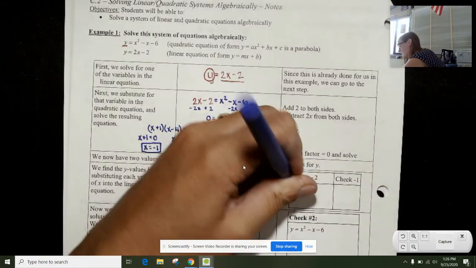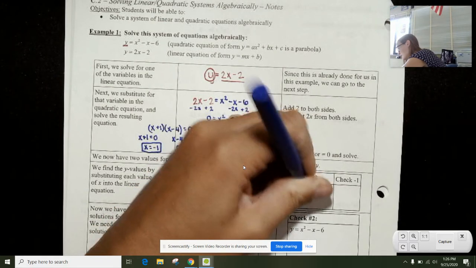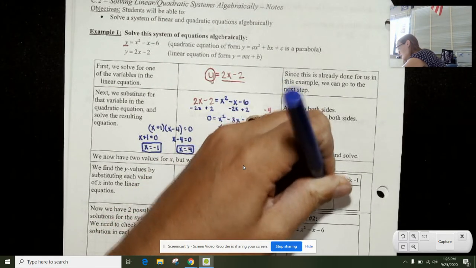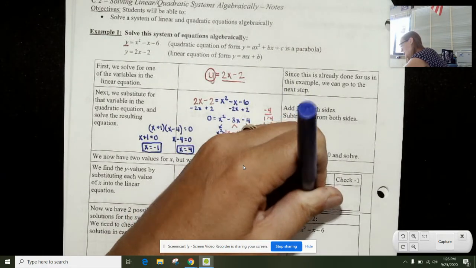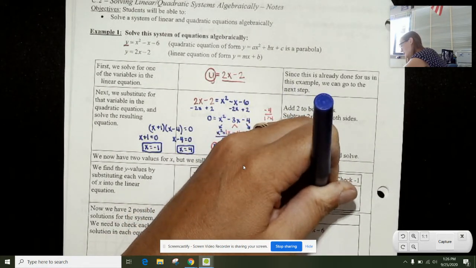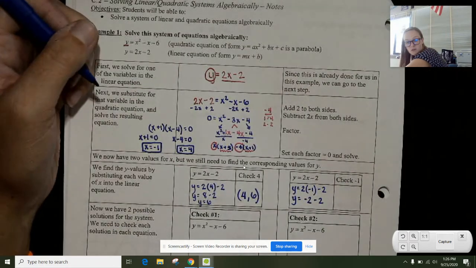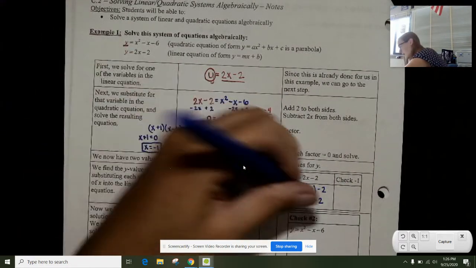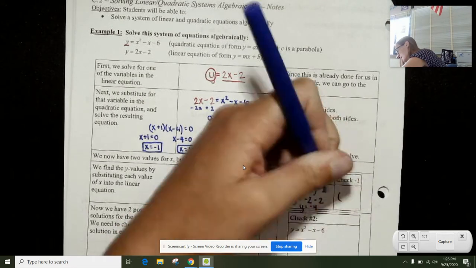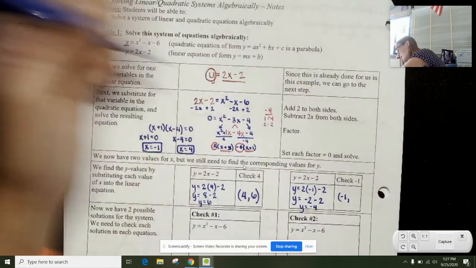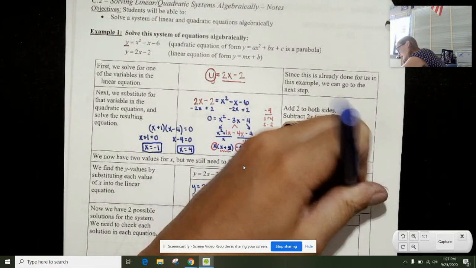So y equals 2 times -1 minus 2. y equals -2 minus 2. So y equals -4. So for this one, the value is -1 comma -4.